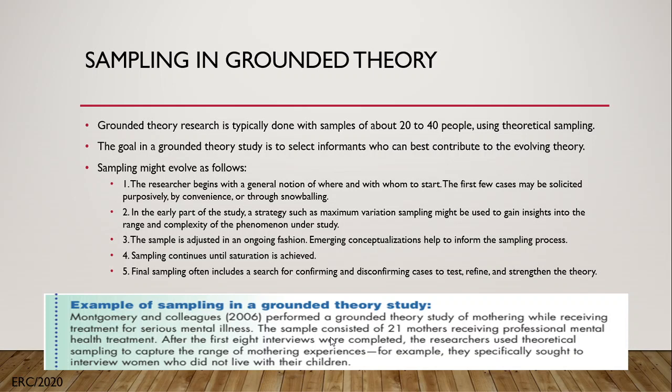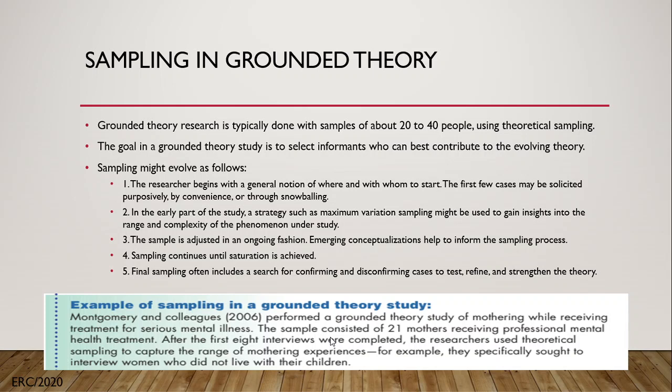Moving on with the sampling in grounded theory. Okay, grounded theory research is typically done with samples of about 20 to 40 people using theoretical sampling.